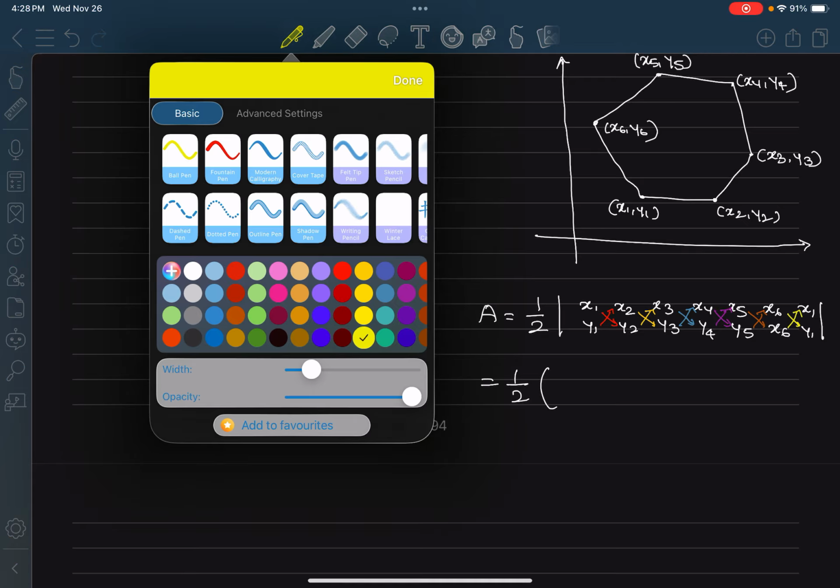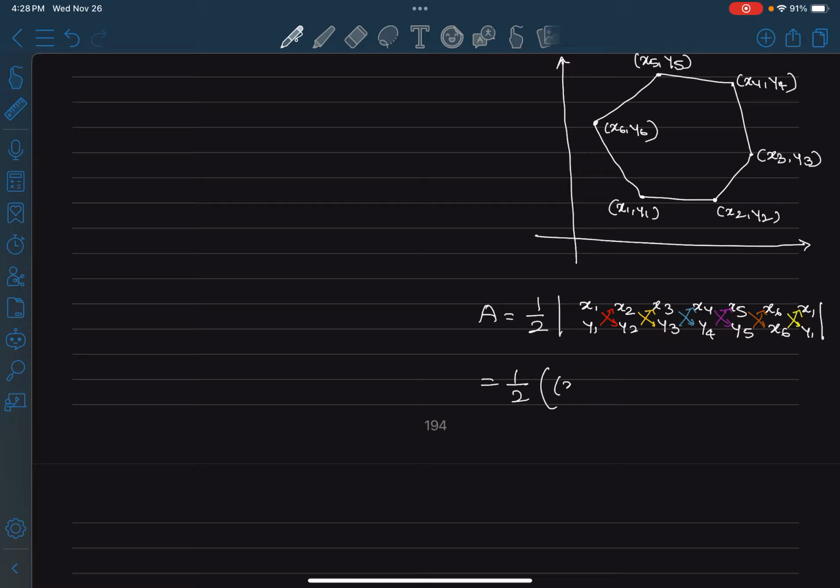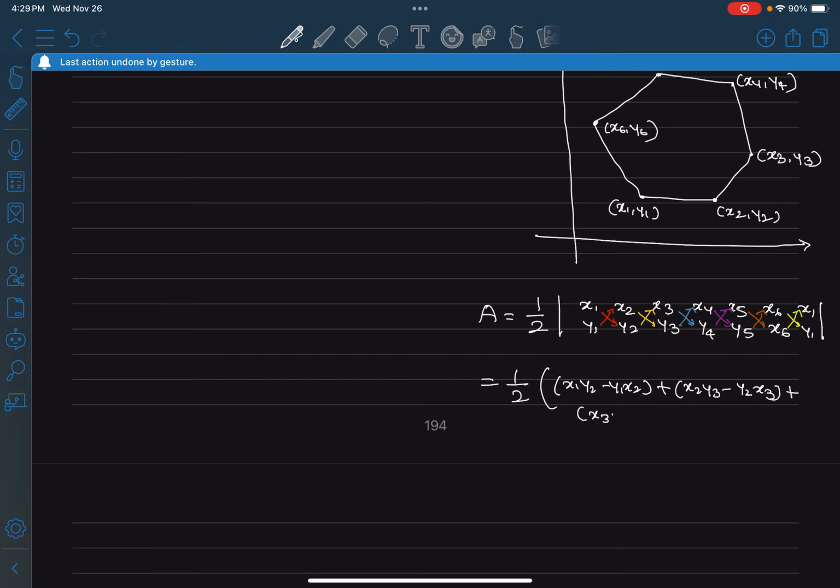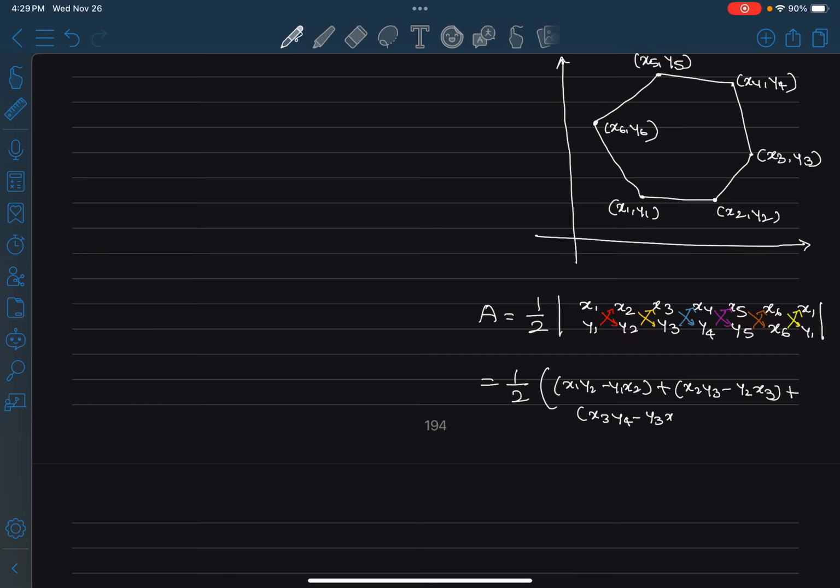The way it's tied. So the formula becomes x1 y2 minus y1 x2 plus x2 y3 minus y2 x3 plus, did I miss x3 y4? Okay, x3 y4 minus y3 x4 plus x4 y5 minus x5 y4, plus x5 y6 minus y5 x6. Am I doing it correctly?